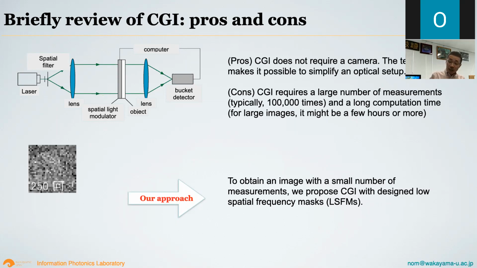CGI requires a large number of measurements, typically 100,000 times and more. It's a long computational time for a large image, maybe a few hours or more. It is a problem. So our motivation is to obtain an image with a small number of measurements. We propose CGI with designed low spatial frequency masks.